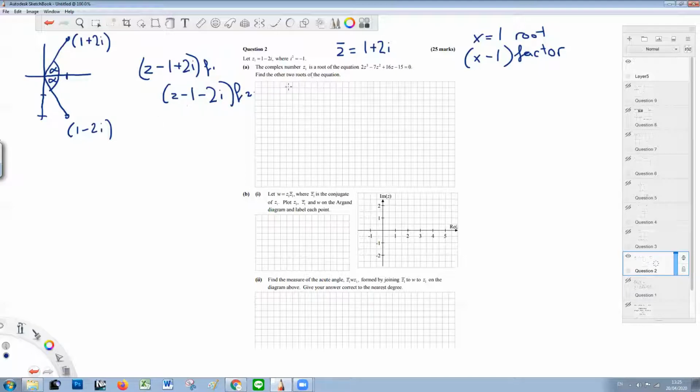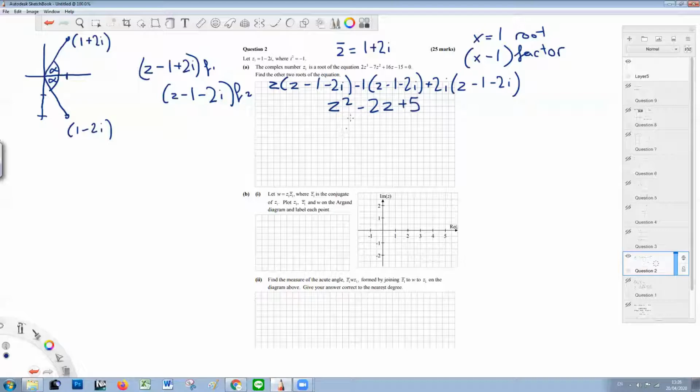I'll make some space over here. And that's basically what you'll get. And you're going to simplify it all down, and you're going to end up with z squared minus 2z plus 5.